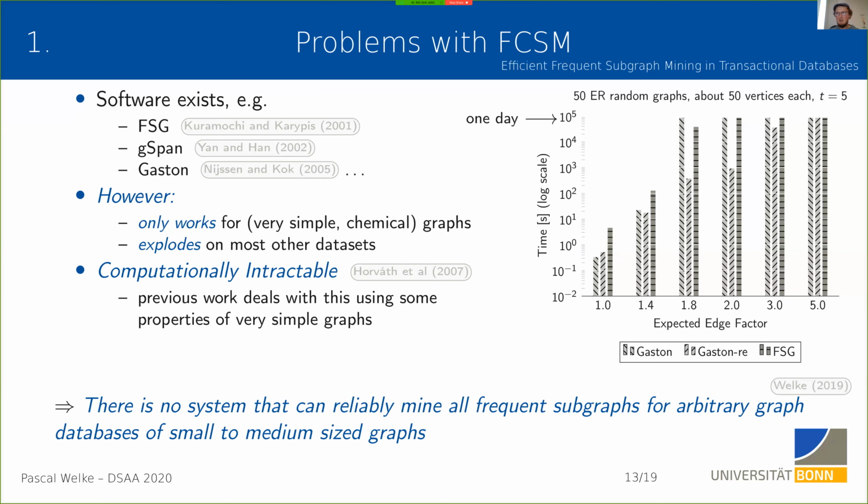So basically, the point of 2010 and also the point right now in 2020 is that there is no system that can reliably mine all the frequent subgraphs or even all the frequent subtrees in arbitrary graph databases of small to medium-sized graphs. So this is a problem if you have data and you just want to have the frequent graphs, obviously, right?